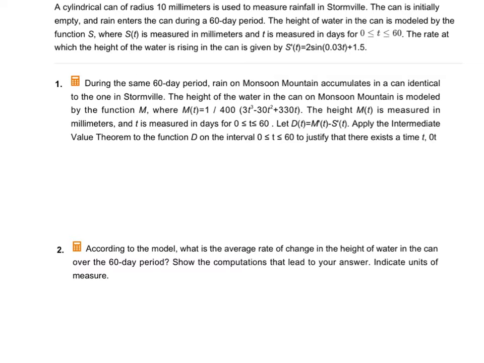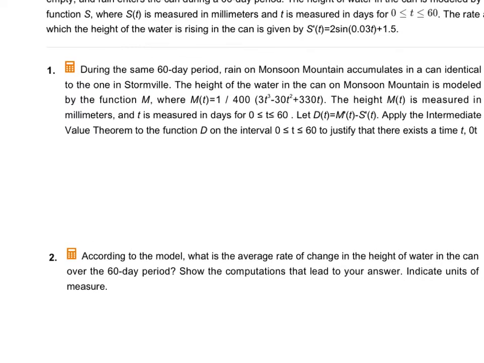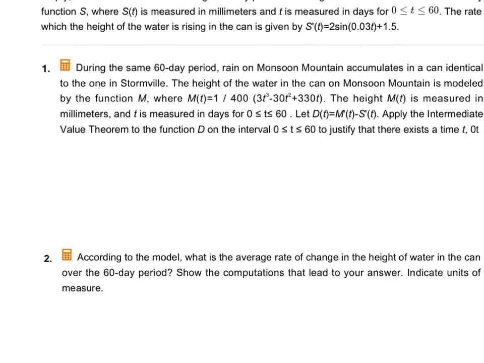Okay, so in order to show that there's a time when a function equals 0, you always want to show that there's some point on the interval where the function's positive and then some point where it's negative. And just to remind people, if you can find a single point where it's positive and another point where it's negative, then if this is a continuous function, you have to say the function's continuous also.